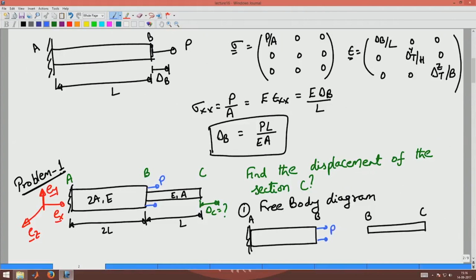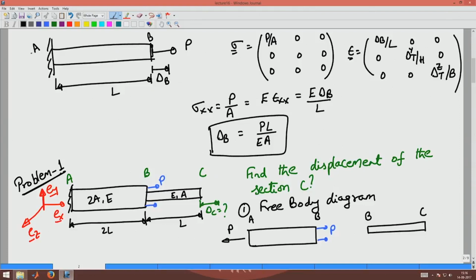So, what will happen is, if I were to remove this support, that support is going to prevent A from displacing and it will offer a reaction force P there.